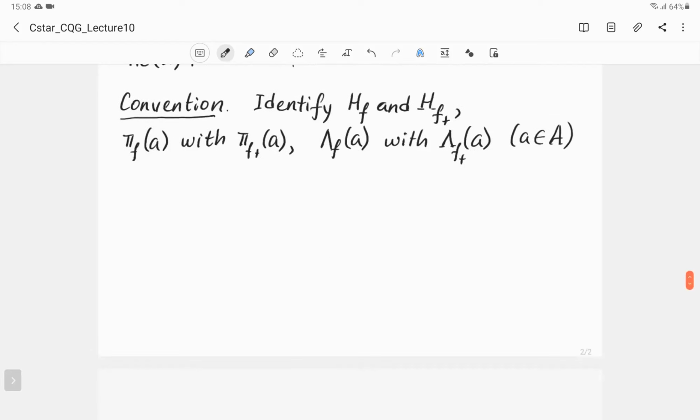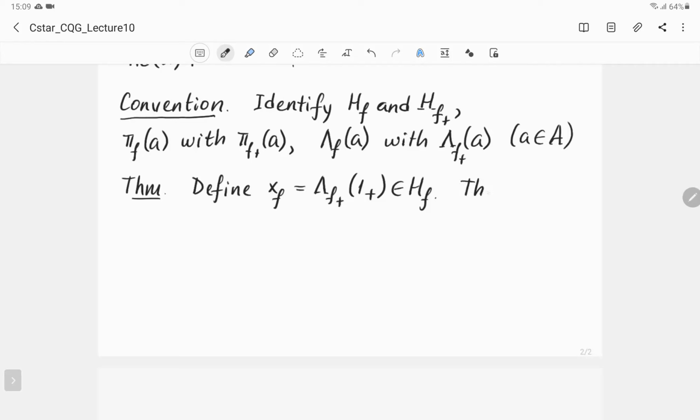Okay, so now we have the following theorem. We define an element xF in HF to be the image of the identity in the unitization under lambda F plus. So here I identify HF and HF plus.